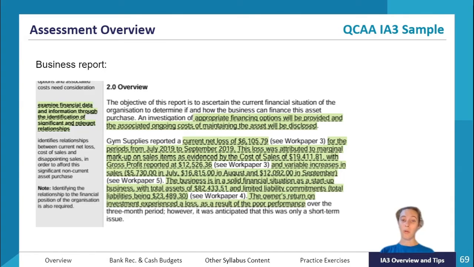So, for example, we've mentioned we've got a current net loss, and this loss was attributed to marginal markup on sales items as evidenced by the cost of sales of $19,400. So something to keep in mind with this is don't just say things increased, things decreased, or this happened.